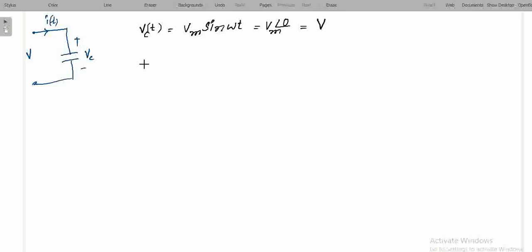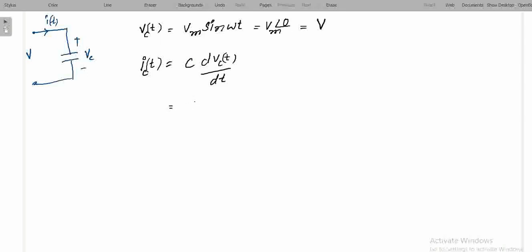So from this we can write IC of t, the current through the capacitor. IC of t is equal to C into dVC of t by dt.